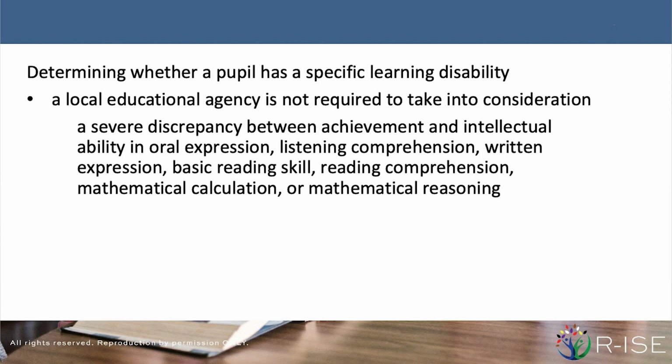However, under IDEA 2004, we moved away from this discrepancy model as the only way to identify a child with a specific learning disability. Today, we also use response to intervention to identify a child. So using RTI and a discrepancy model, as long as a child qualifies under at least one of those, they can be identified with a specific learning disability.